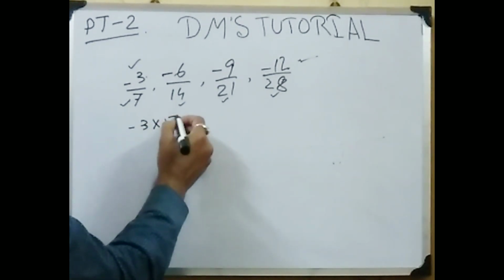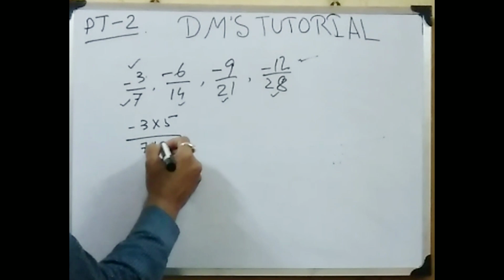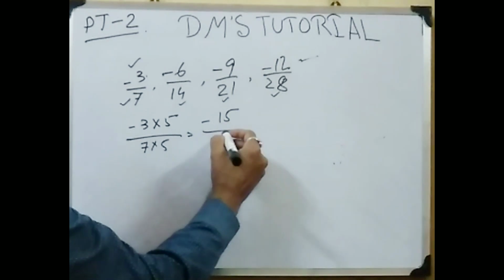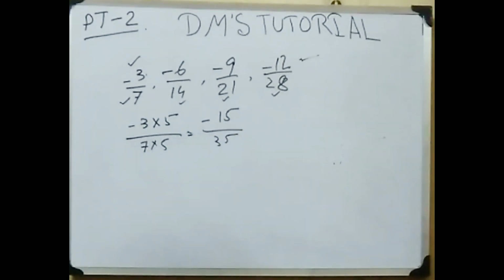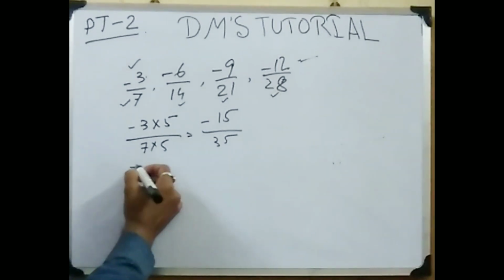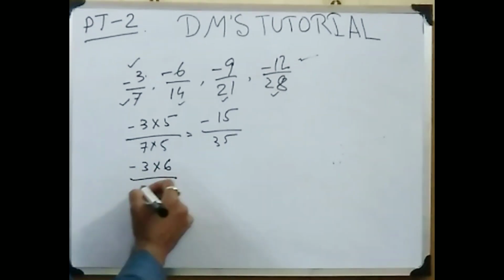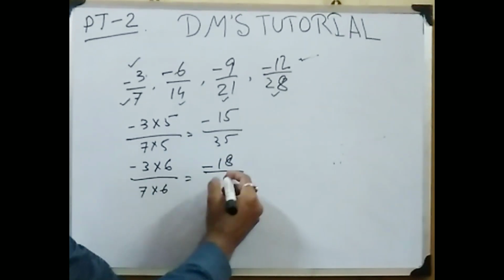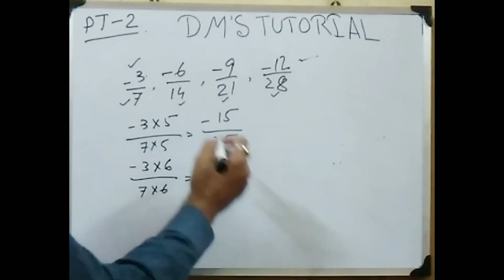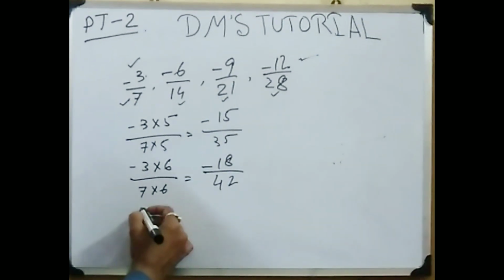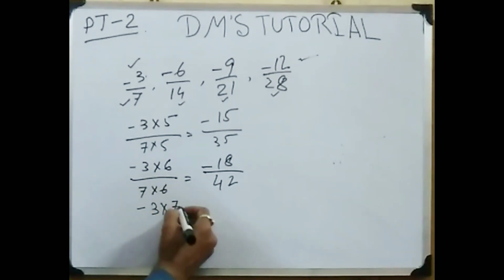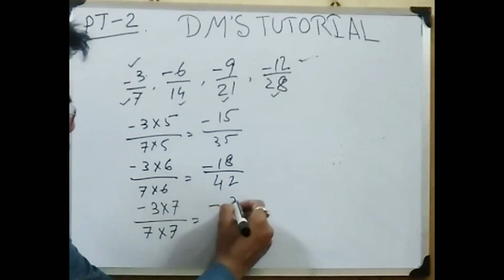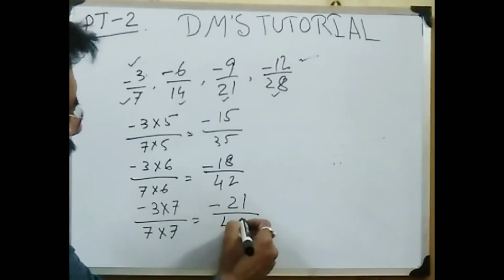Doing this, we can get the rational numbers we are looking for. Minus 3 into 5, 7 into 5, that is minus 15 by 35. This is the fifth one. Minus 3 into 6, 7 into 6, minus 18 by 42. Sixth one, minus 3 into 7 by 7 into 7, minus 21 by 49.